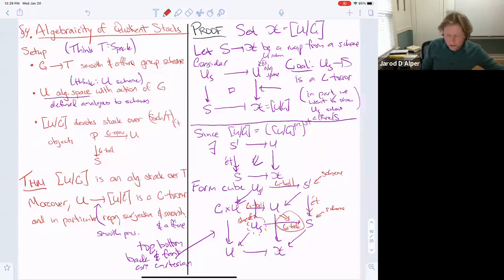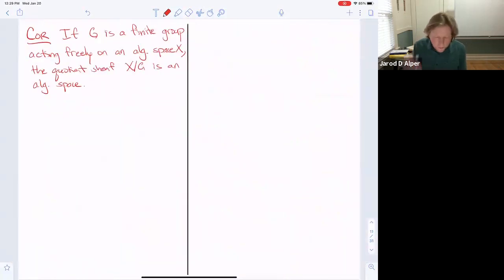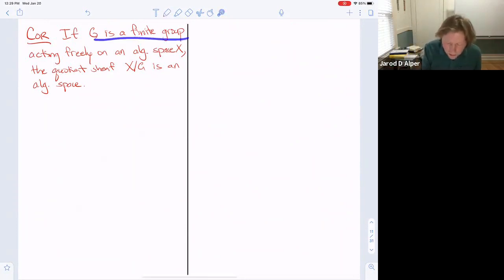All right, now let's use this to show maybe the more complicated statement. Well, first, before we move to M_g, I just want to discuss a nice consequence of this. If G is a finite group acting freely on an algebraic space X, then the quotient sheaf is an algebraic space.